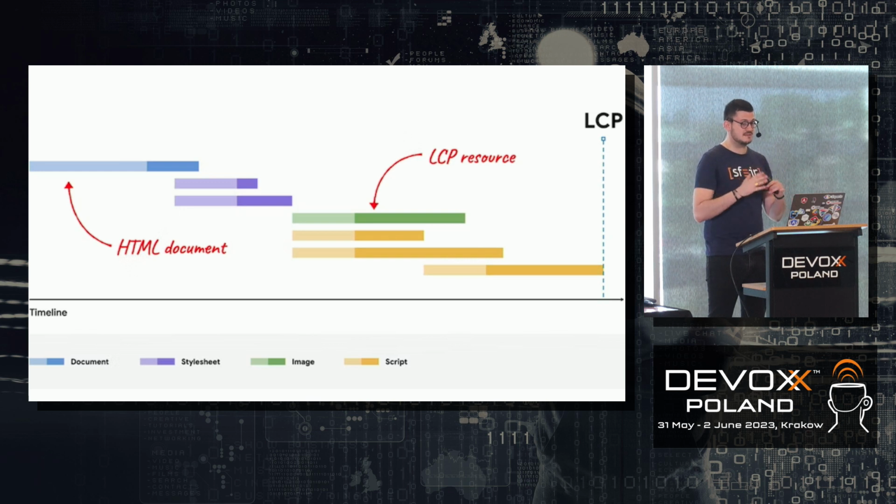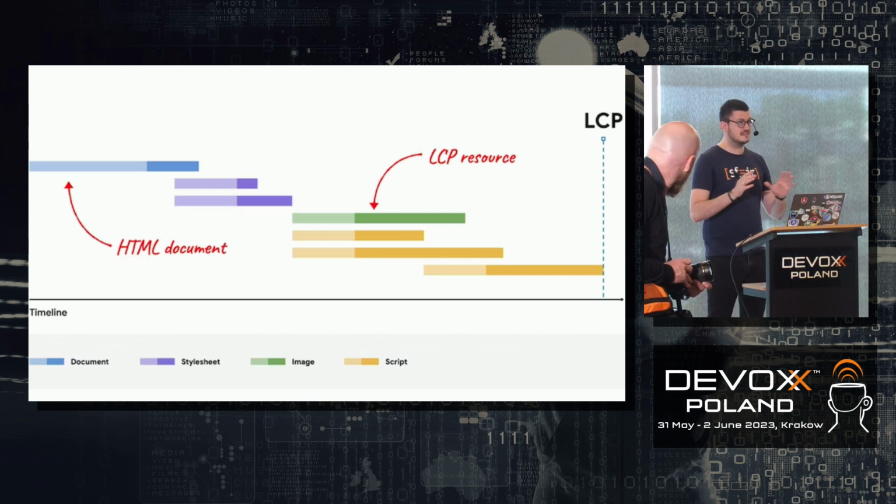When this index HTML document is totally downloaded, if the initial document has some style sheets, the browser downloads the style sheet. When the downloading is finished, if the style sheet depends on an image, which is here the LCP resource, your browser downloads the LCP resource in parallel of downloading the JavaScript file, parsing it, and executing it.